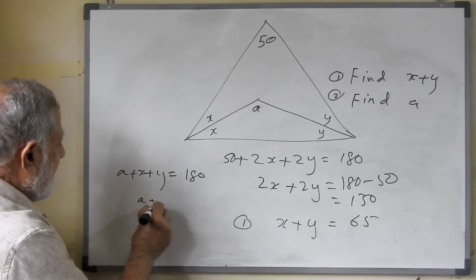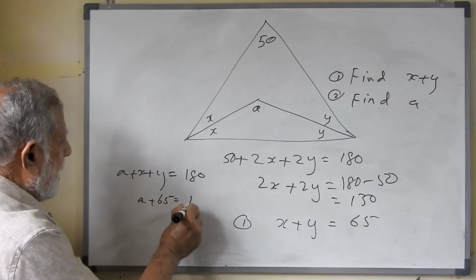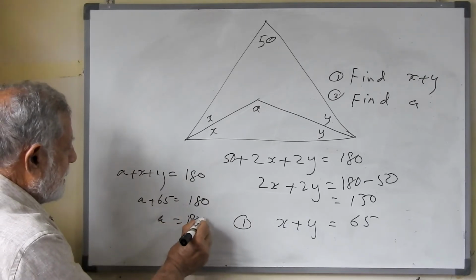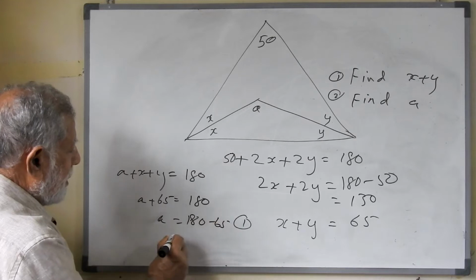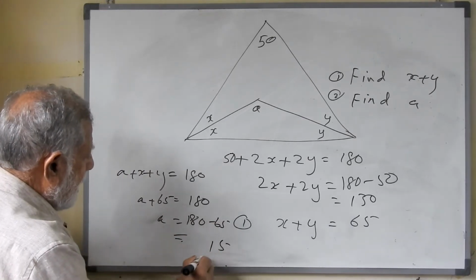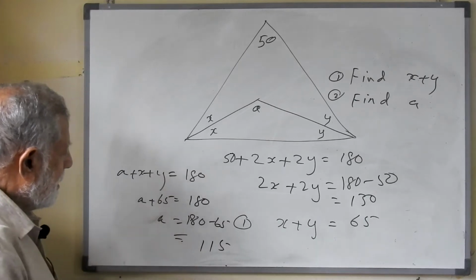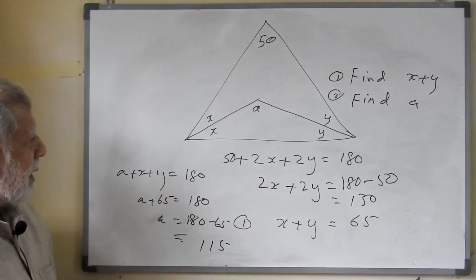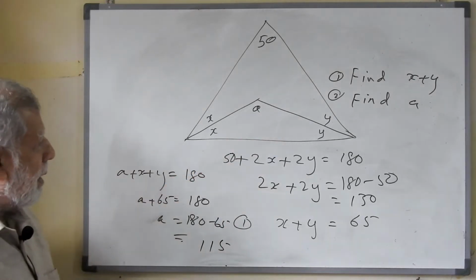So A plus 65 is equal to 180. So A is equal to 180 minus 65, that is equal to 115 degrees. So A is equal to 115 degrees, x plus y is equal to 65.